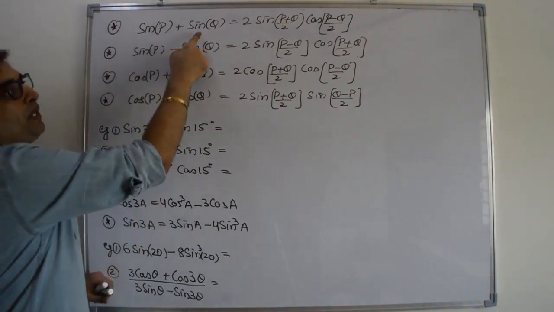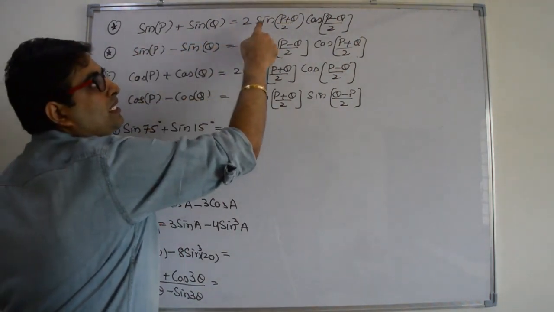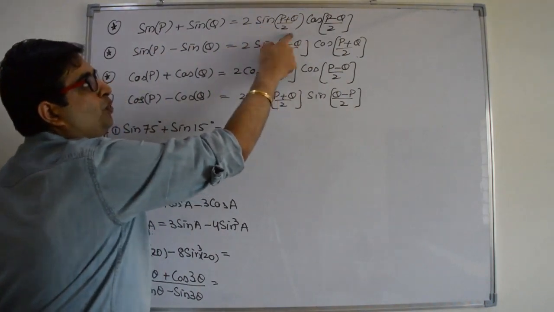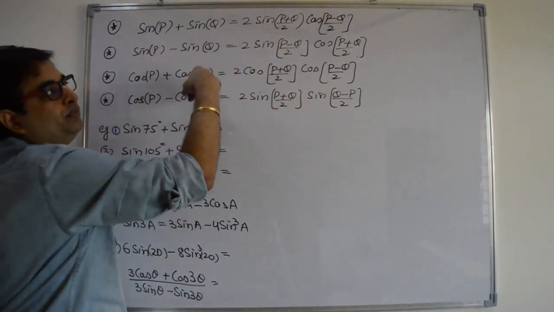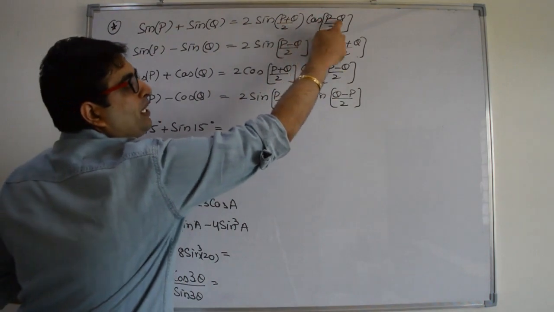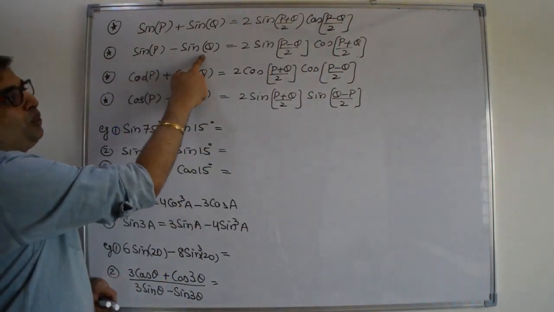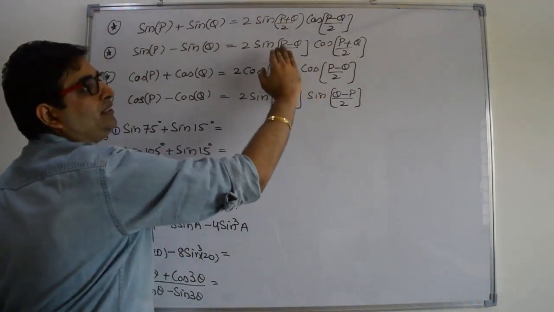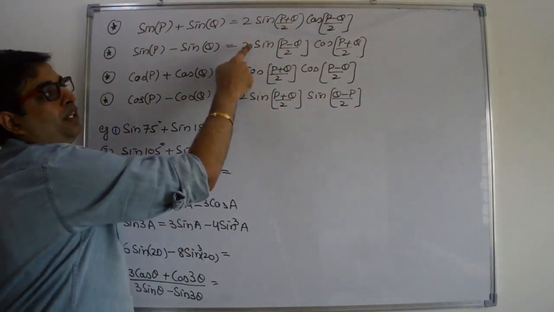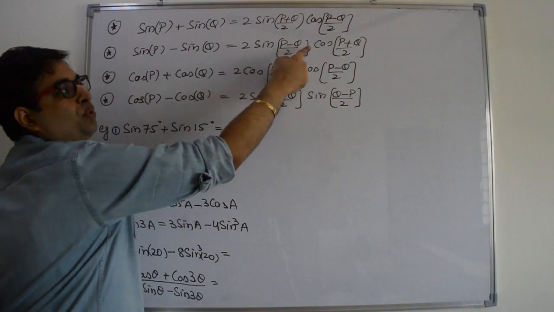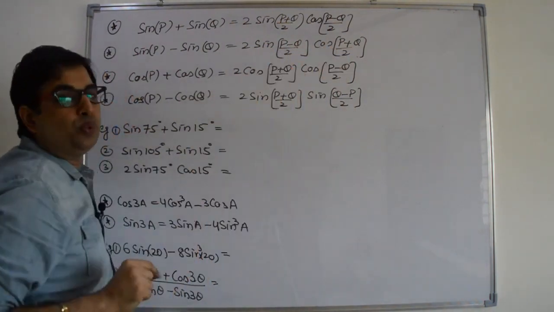So sin P plus sin Q is 2 sin((P+Q)/2) cos((P−Q)/2). Sin P minus sin Q, interchange the angles: 2 sin((P−Q)/2) cos((P+Q)/2).